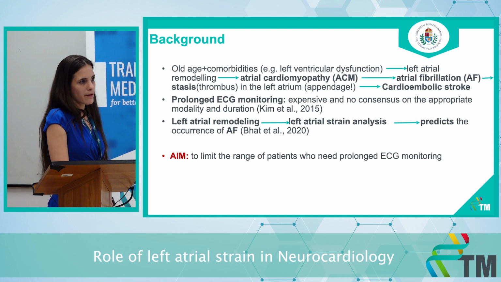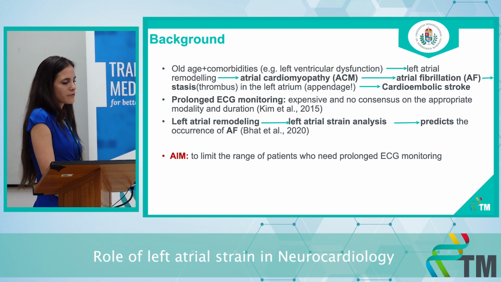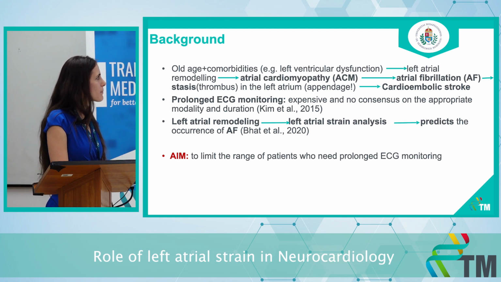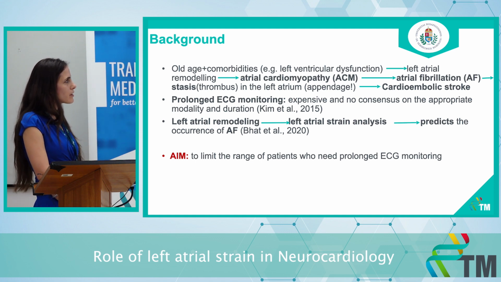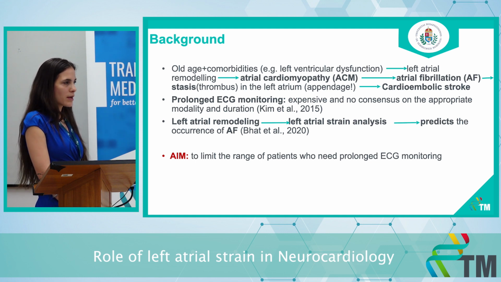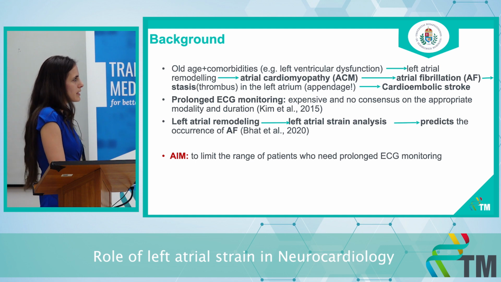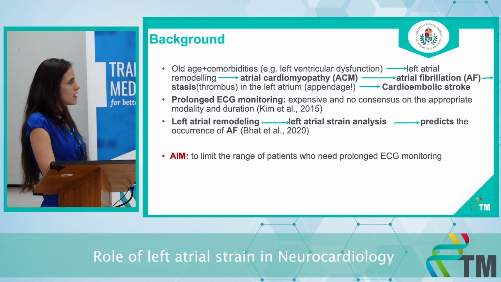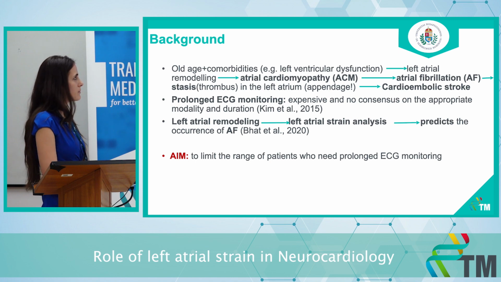So that is why our idea was to implement a non-invasive yet sensitive method in everyday practice to predict the occurrence of atrial fibrillation. It could be the assessment of left atrial remodeling using left atrial strain analysis. So our aim with this meta-analysis was to limit the range of patients who need prolonged ECG monitoring.